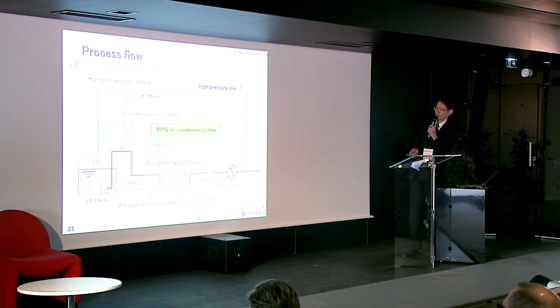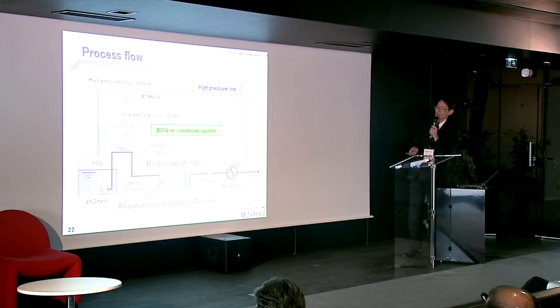And also, we apply the cold energy storage here. The phase change material is normal pentane. This melting point is about minus 130 degrees C. So if the energy flow rate is big, normal pentane should be solid.